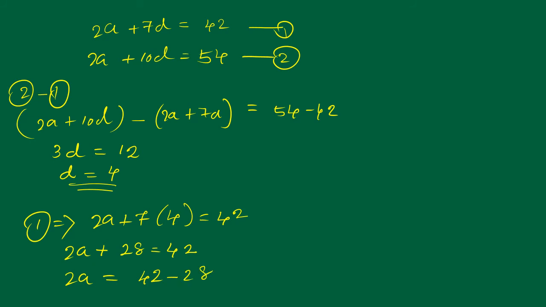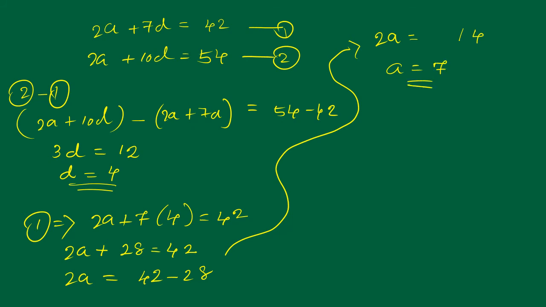Then 2a is equal to 14. Then a is 7, right? Then you have got a, and you have got d, and you can find out the terms that we want.